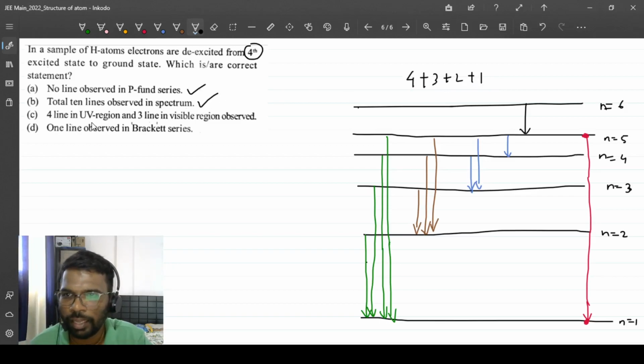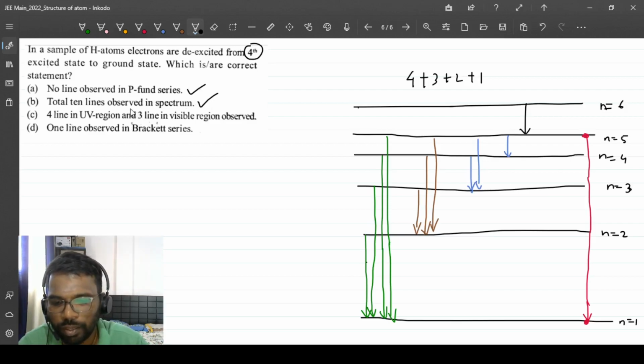4 lines in the UV region and 3 lines in the visible region. Like if we see, the Lyman series falls in the UV region, ultraviolet radiation. Then Balmer is in visible.